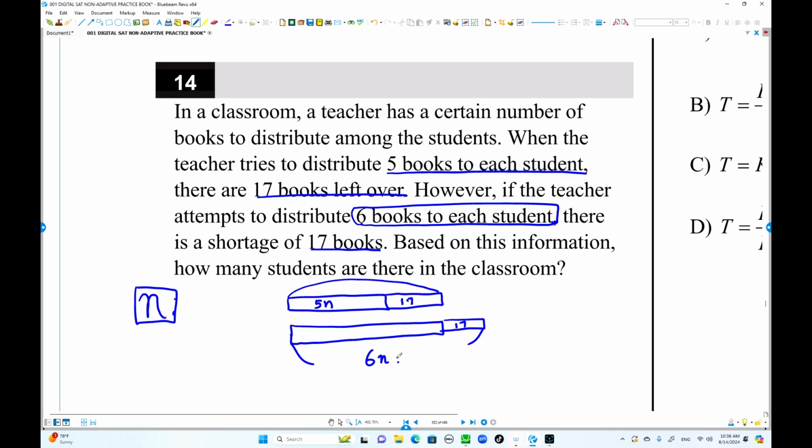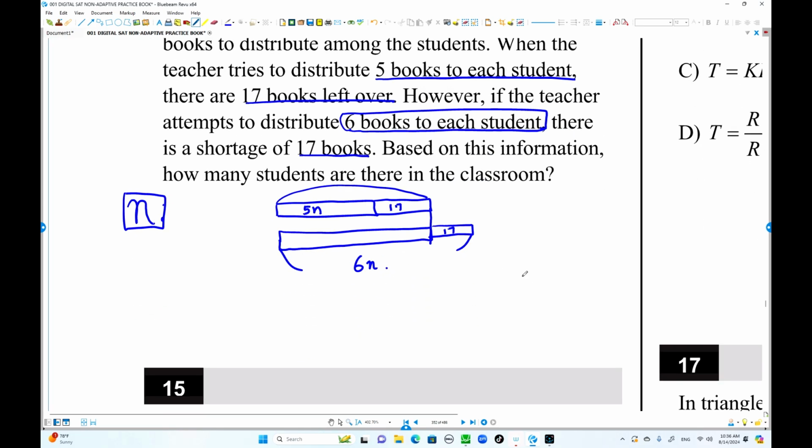Second case. Now compare these two. Up to here, they're going to have the same numbers, okay? So actually, 6n minus 17, right? 6n minus 17.